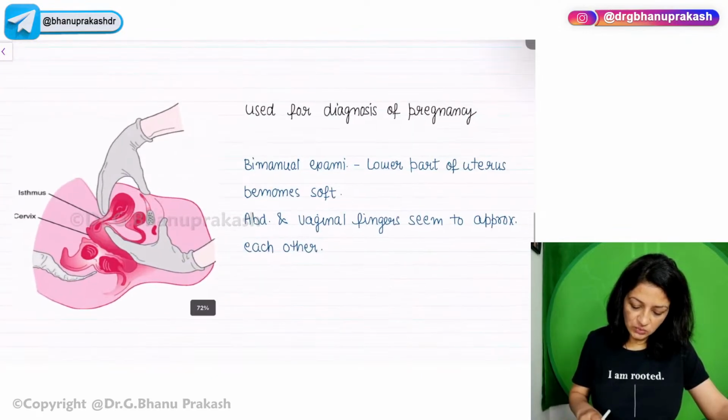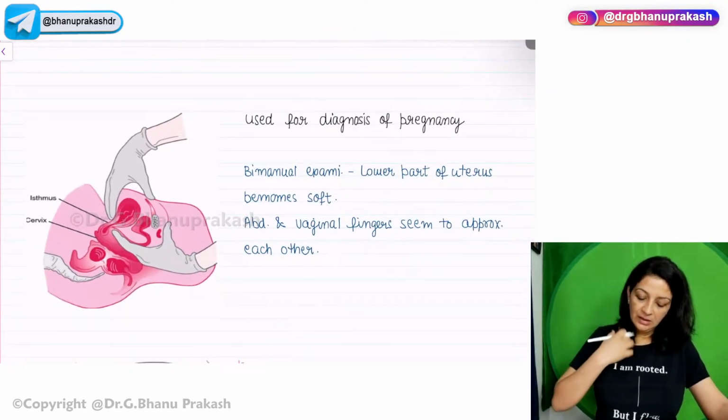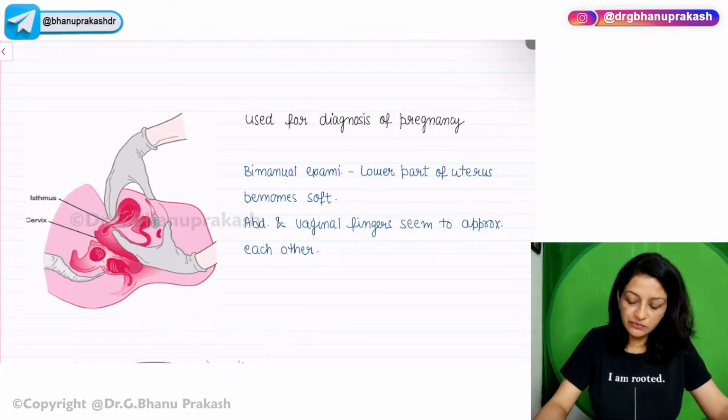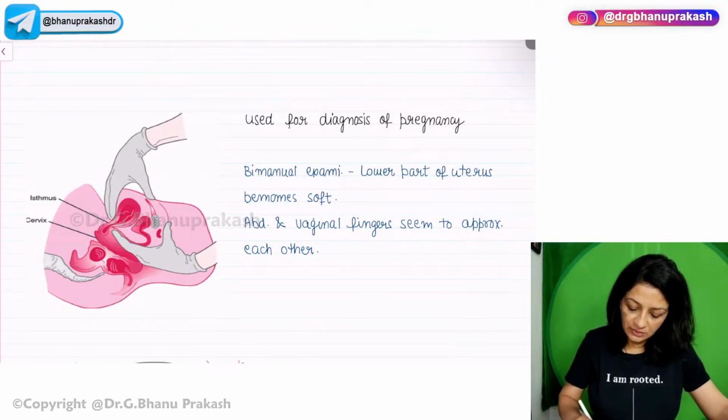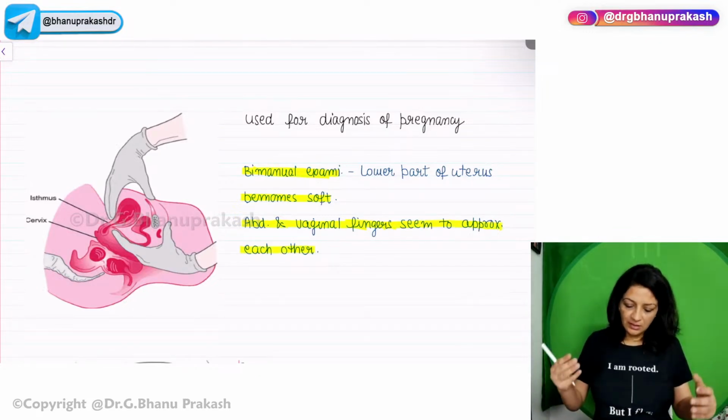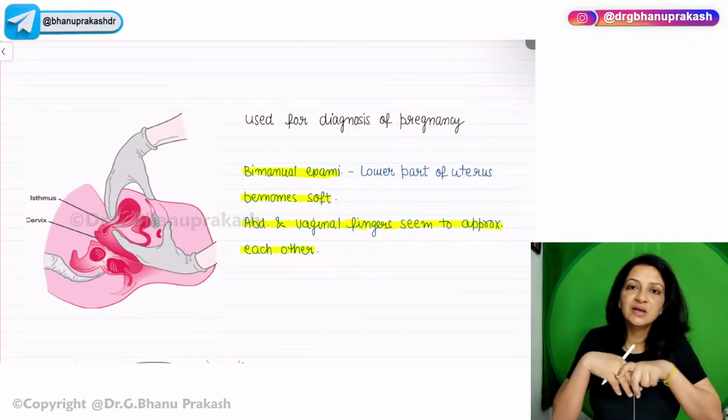So next one is used for diagnosis of pregnancy by manual examination. Lower part of the uterus becomes soft. Abdominal and vaginal fingers seems to be approximate each other. Means we are doing PV per vaginal examination.